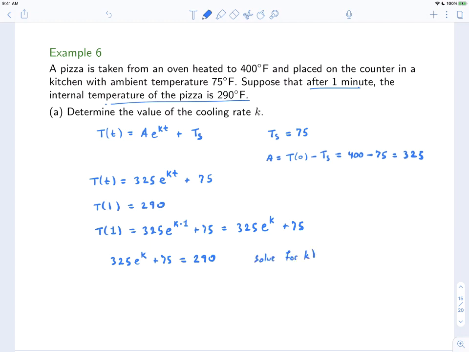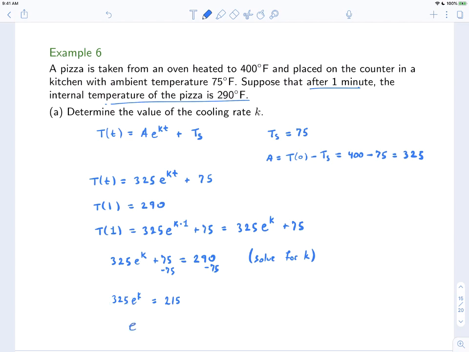for k. So the first thing to do is to subtract 75 from both sides. Then we'll have 325 times e to the k is equal to 290 minus 75. That's 215. The next step is to divide by this 325.